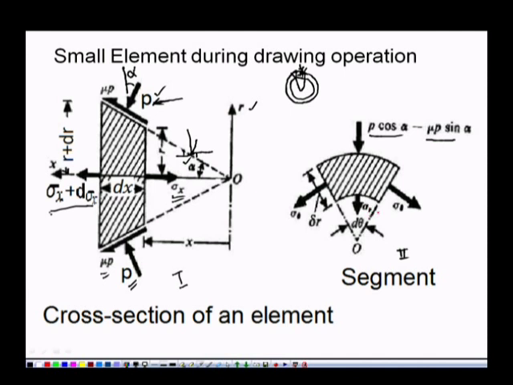On this side it is sigma r, and here it is sigma theta. The clarity is here that this one is sigma theta.